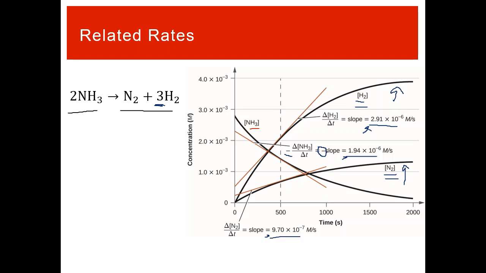And so these ideas, they're all showing the same reaction. It's the same chemistry that they're all describing, but they're going to show it in different ways. So we want to get a single number that comes out of all of these, and how we can is if we took all those numbers on there and divided by the coefficient, we would get the same singular number, which would describe the rate of the overall reaction.